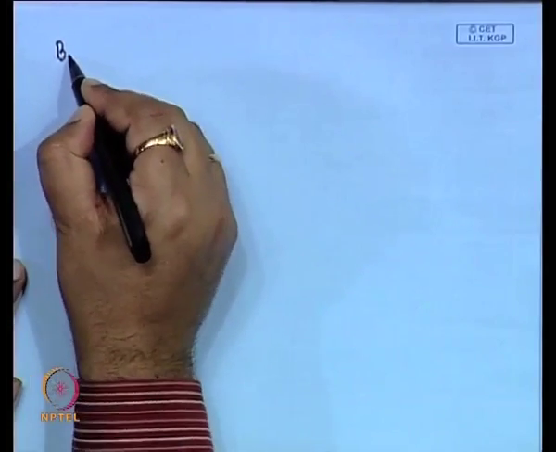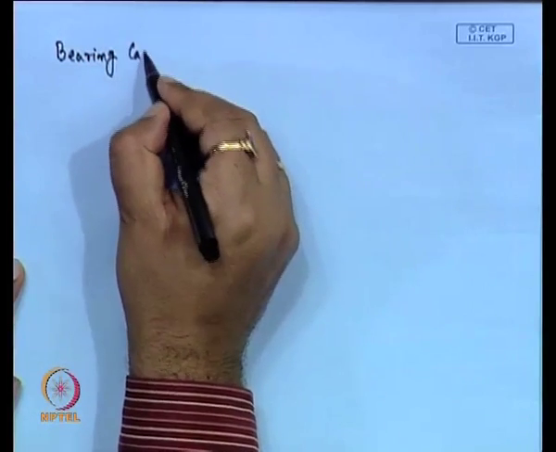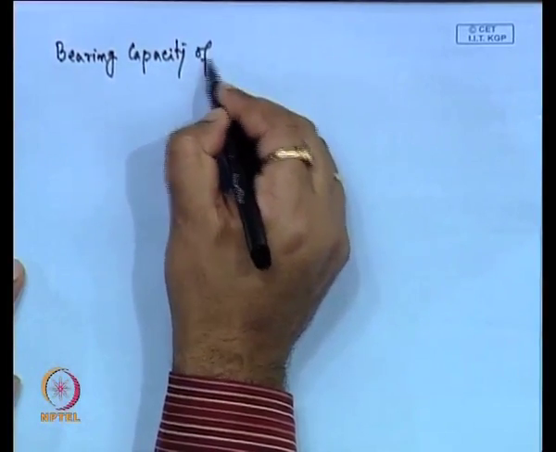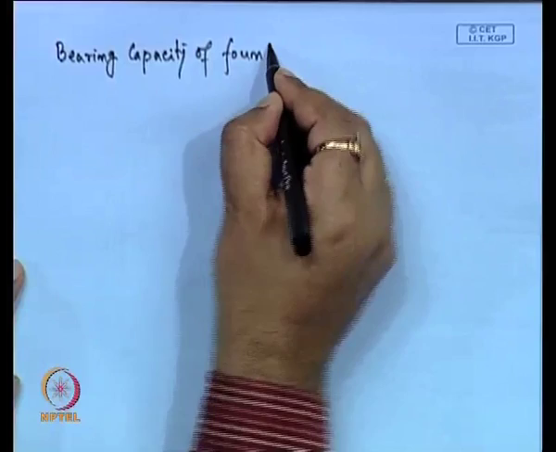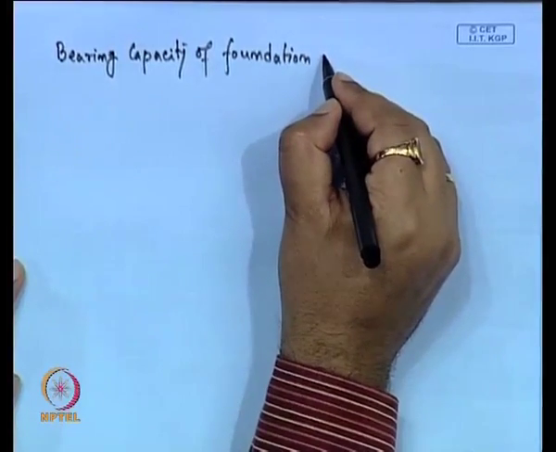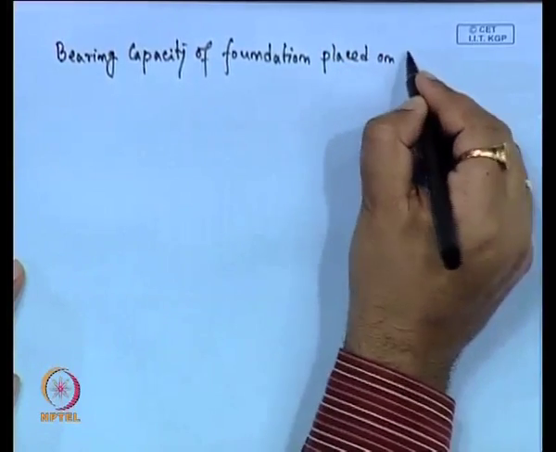Now, if the foundation is placed on the top of a slope, then how to calculate the bearing capacity of this soil? For this we can write bearing capacity of foundation placed on slope.